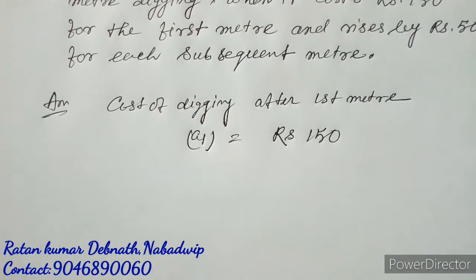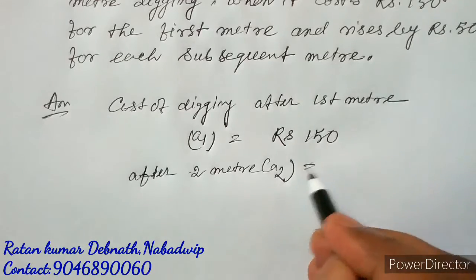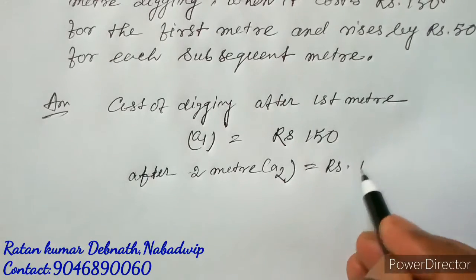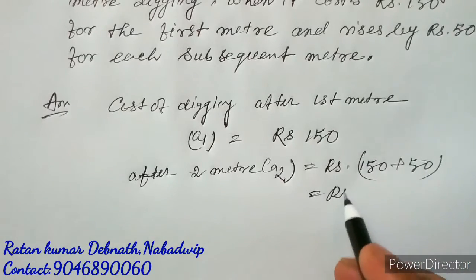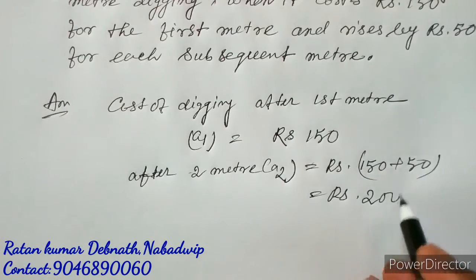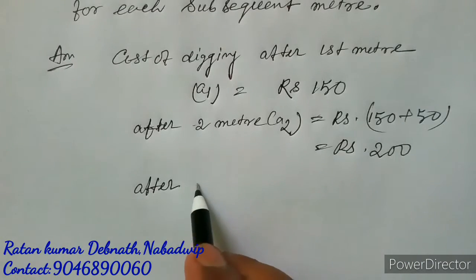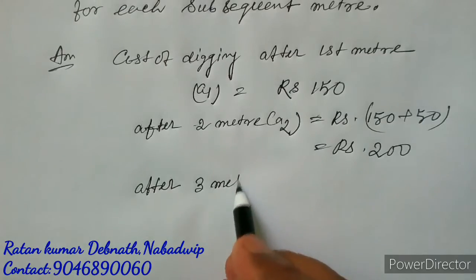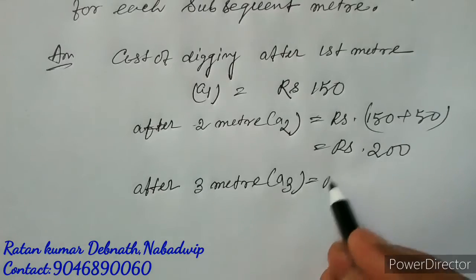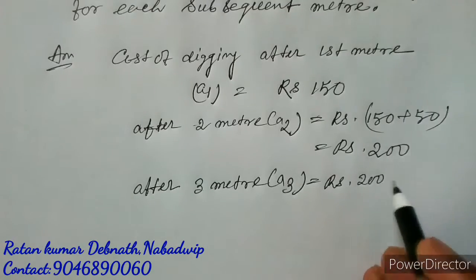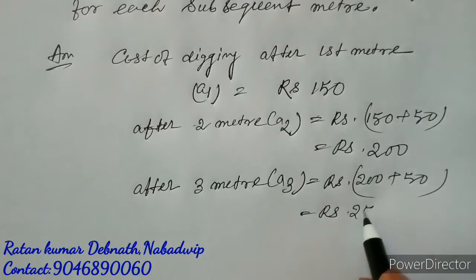Cost of digging after 2 meters, which is our A2, 150 plus 50, rupees 200. Cost of digging after 3 meters, that is our A3, third term, rupees 200 plus 50, rupees 250.